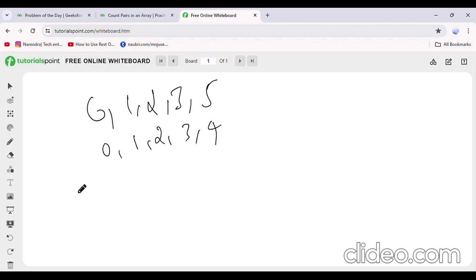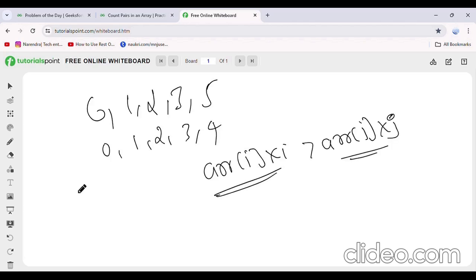So we have to find all the pairs where arr[i] times i is greater than arr[j] times j, and the condition is i is less than j. So I am multiplying all these things. So here we got 0, here we got 2, here we get 4, here we get 9, here we get 20.